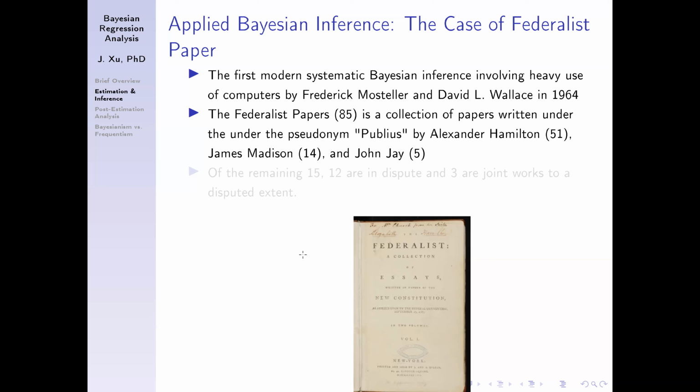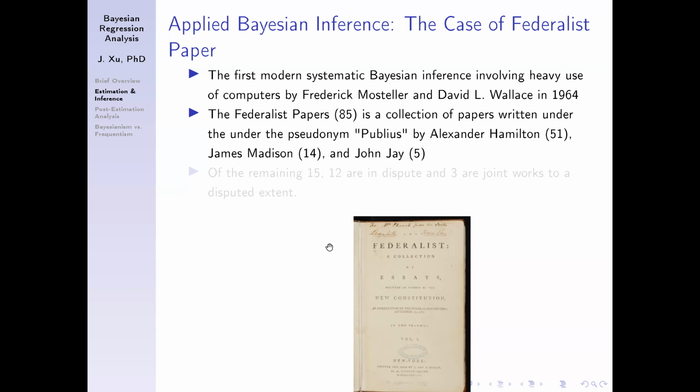The Federalist Papers is a collection of papers written under the pseudonym Publius by Alexander Hamilton, James Madison, and John Jay. There are a total of 85 papers, and out of 85 papers, 51 have been identified as written by Hamilton, 14 by Madison, and 5 by John Jay.